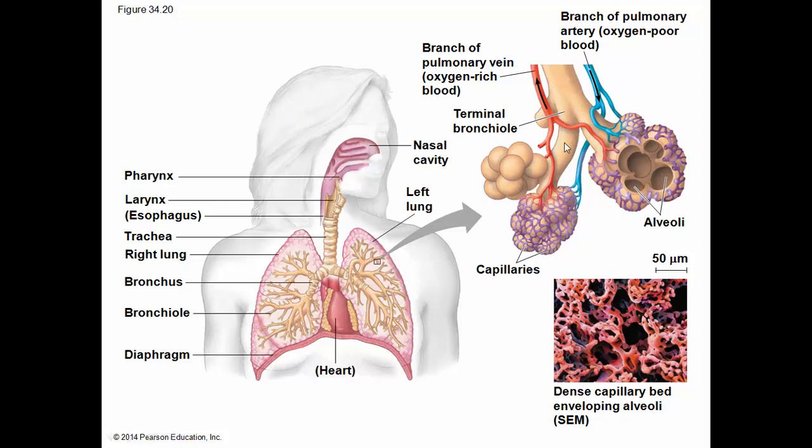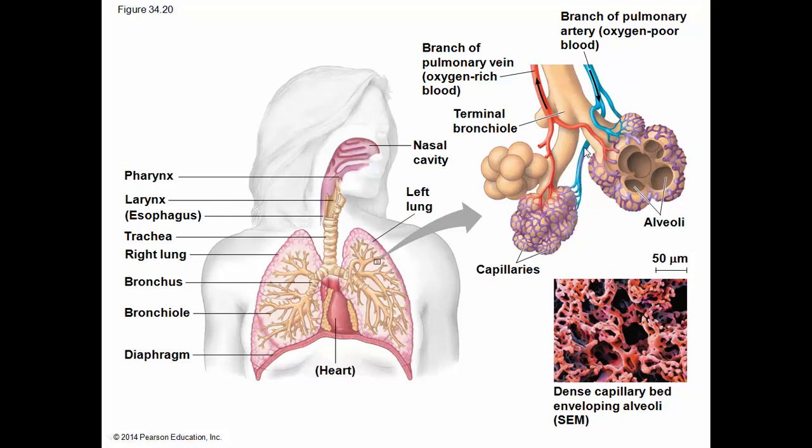So you're breathing air into these tiny little air structures called the alveoli, and then the alveoli are providing a place for the capillaries to exist, and the capillaries are picking up oxygen and then going back to the heart, right through the pulmonary vein into the left atrium, into the left ventricle, and then out through the rest of the body.